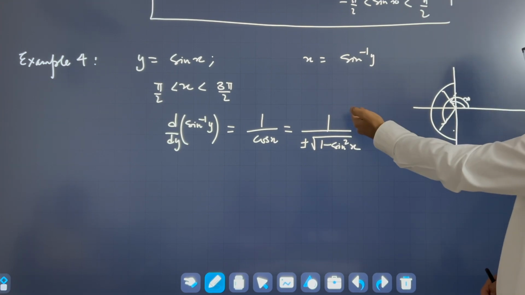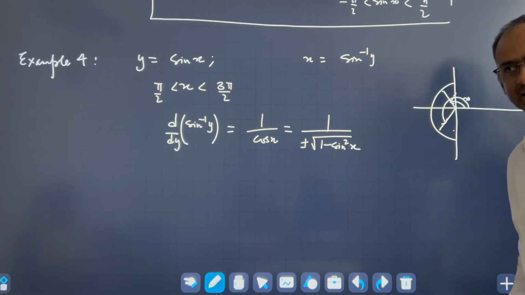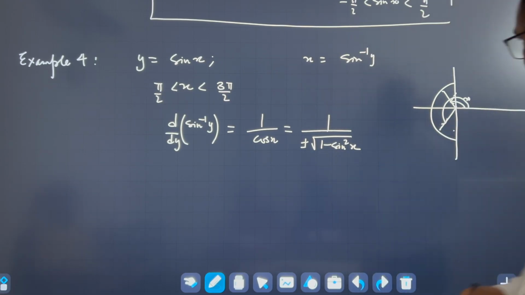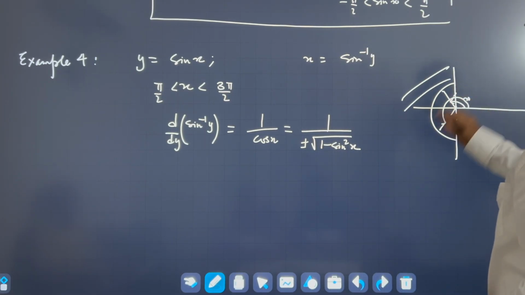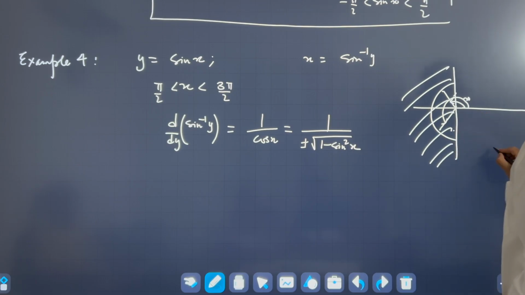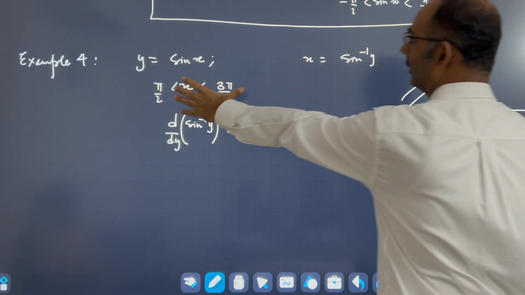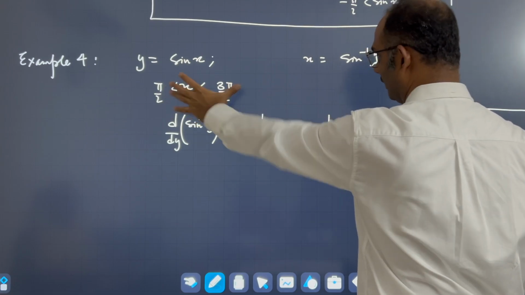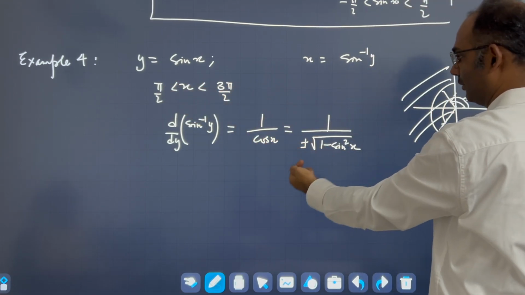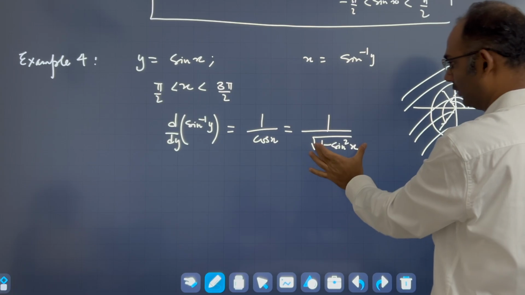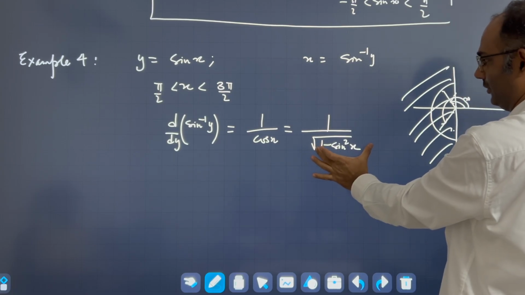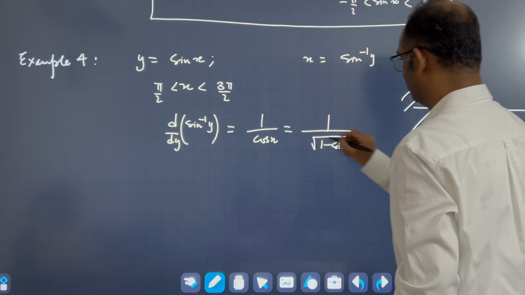That's the negative direction. So base is negative, so cos is always negative in this region. So cos of x is less than 0 for our choice of this branch, which means I should not select the positive one, right? Because this is a positive quantity. So I should select a negative one.